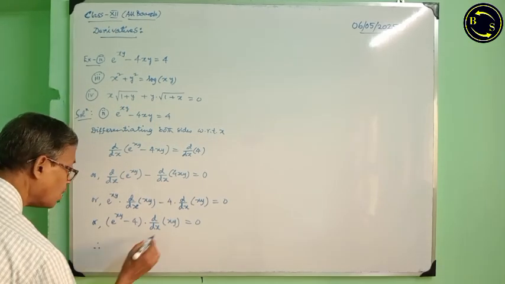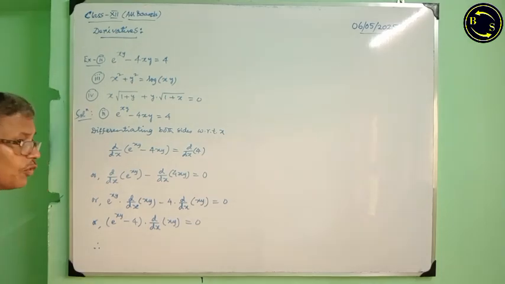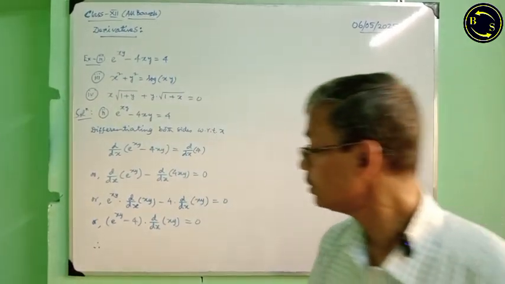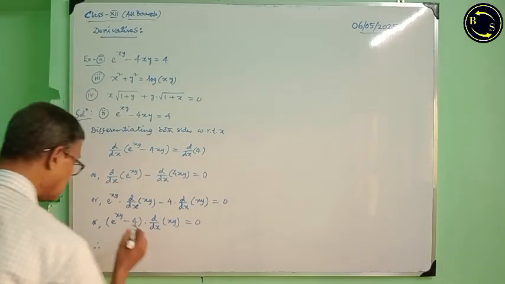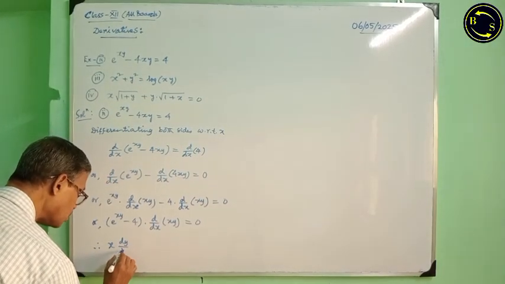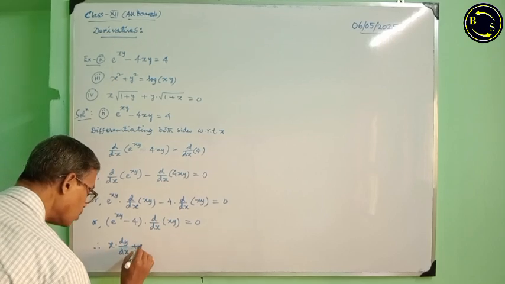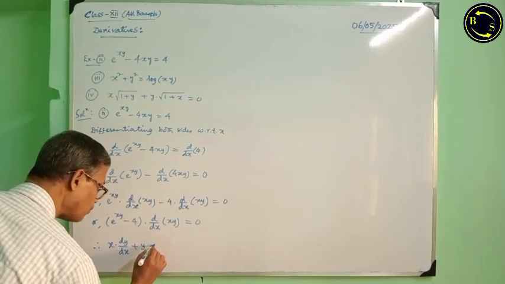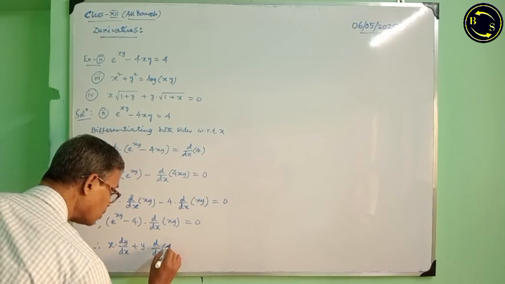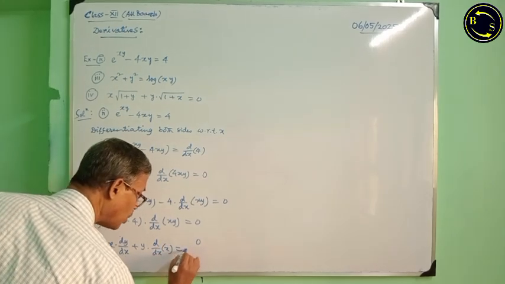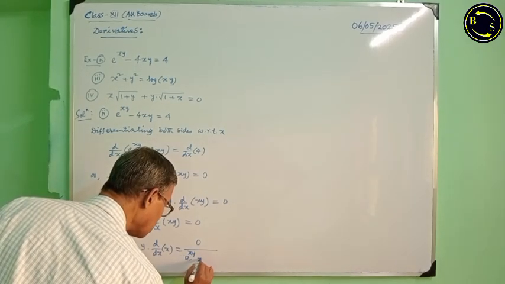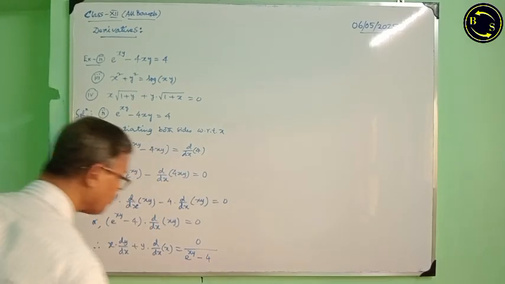Therefore, d/dx of this one forms derivative of product function. That is why x dy/dx plus y into d/dx of x, that is equal to 0, by e to the power xy minus 4.